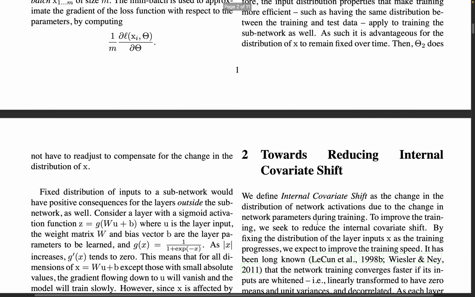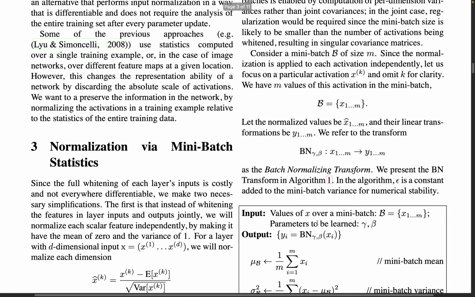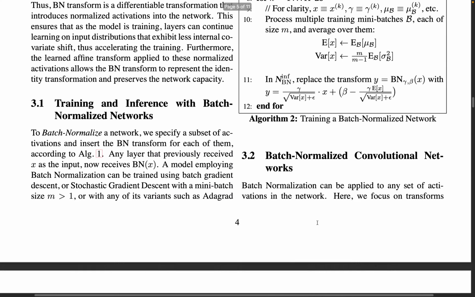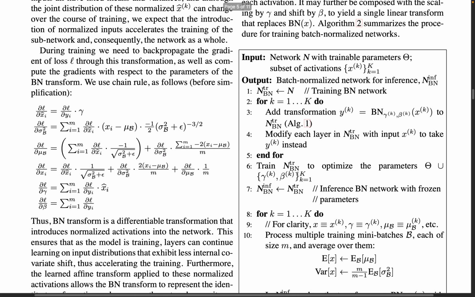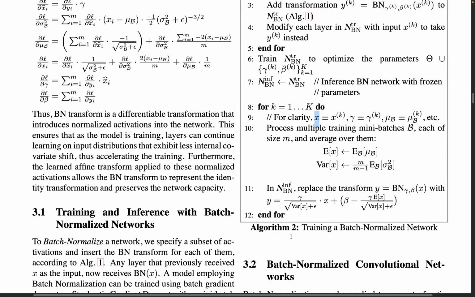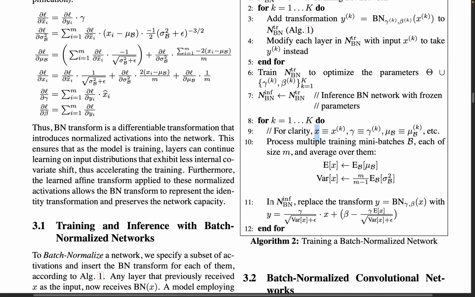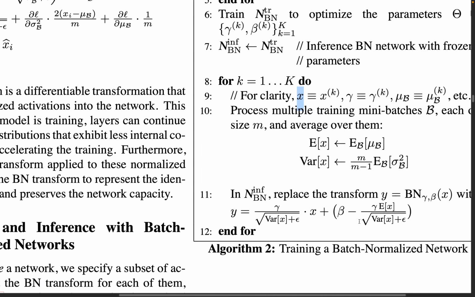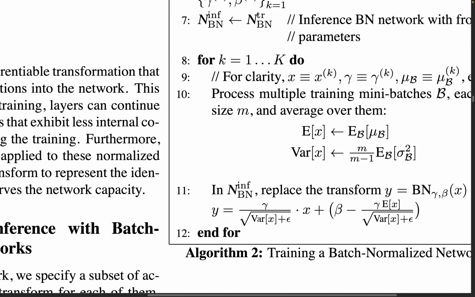If you scroll down, this should be the algorithm. Yep, this is algorithm 2, and this is equation 11. Inside the square root, we are simply going to add the epsilon value to the variance term.